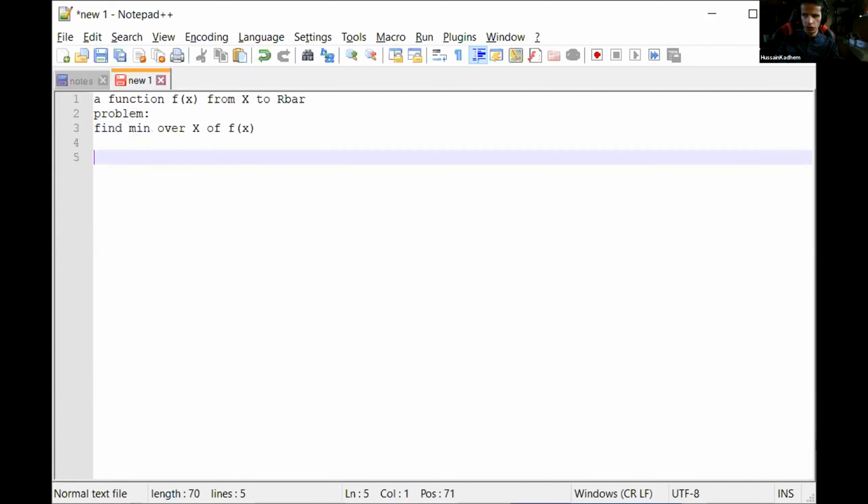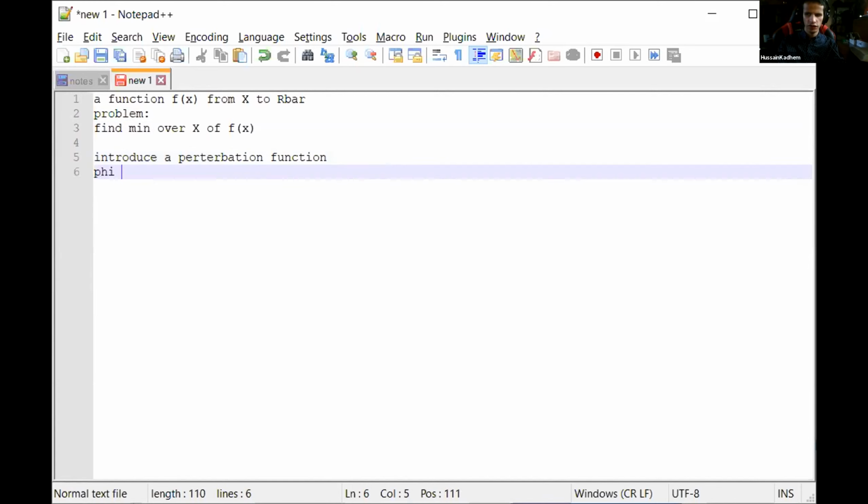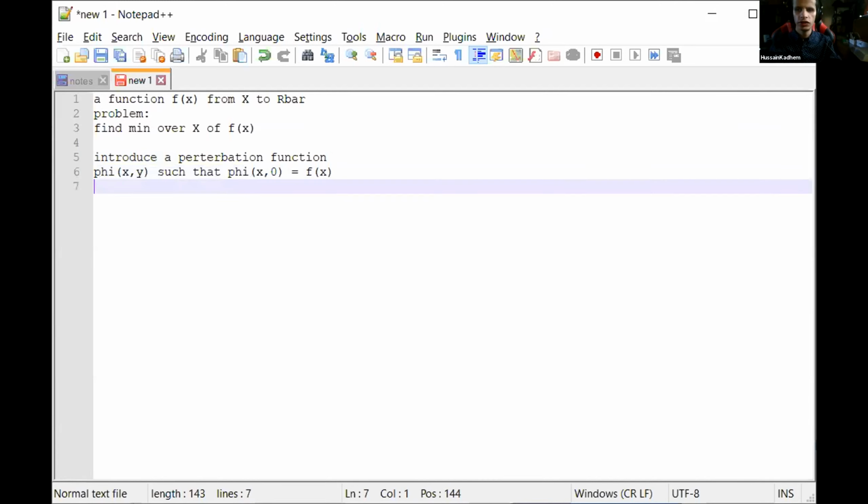One strategy which is standard in the optimization world is to introduce what is called a perturbation function phi of x, y such that phi of x, 0 is equal to f of x, where the y's here are in some other space depending on our optimization problem, which we use to parameterize how big this perturbation is.